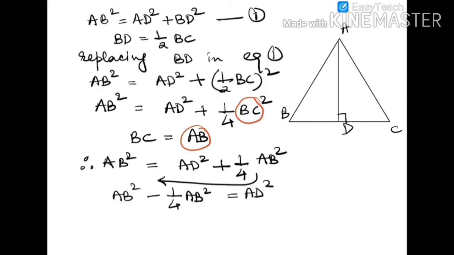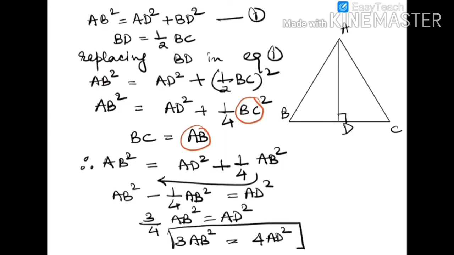So on adding we get 4 minus 1, that is 3 on 4 AB square equal to AD square. This is 3 times AB square equal to 4 times AD square. And this is what we have to show. 3 times the square of the side of an equilateral triangle is equal to 4 times the square of its altitude.